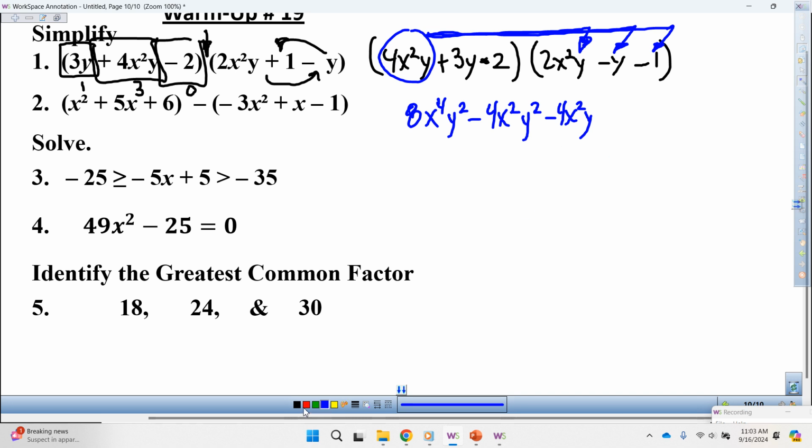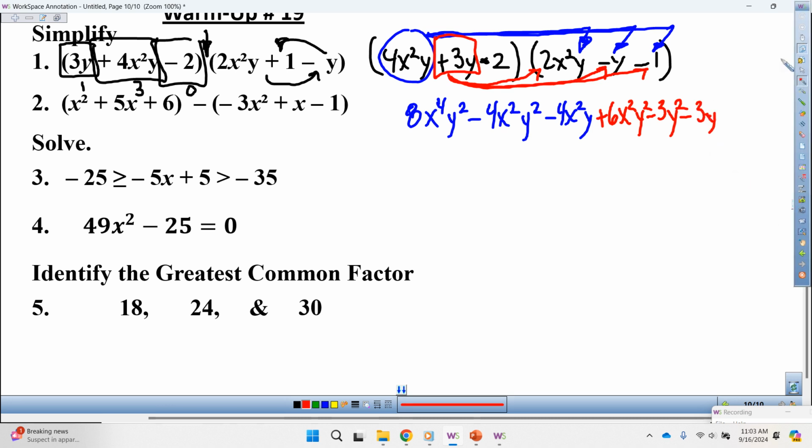Whew. All right, let's go to the next one. 3y. What is 3y times 2x squared y? That's positive 6x squared y squared. 3y times negative y, that's negative 3y squared. And 3y times negative 1 is negative 3y.